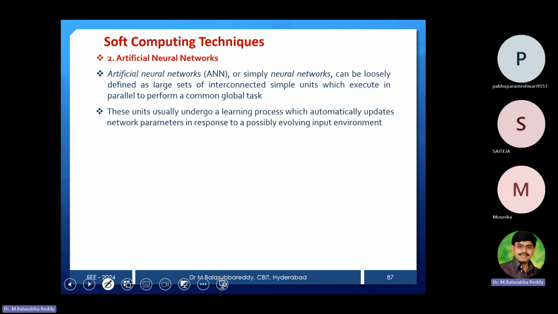These units usually undergo a learning process, which automatically updates the network parameters.